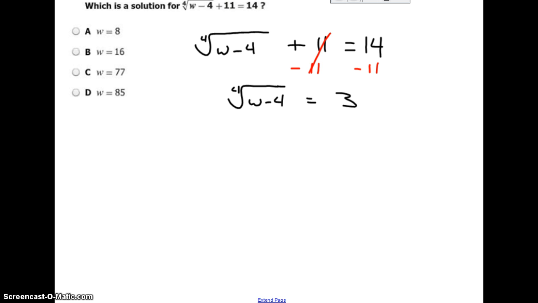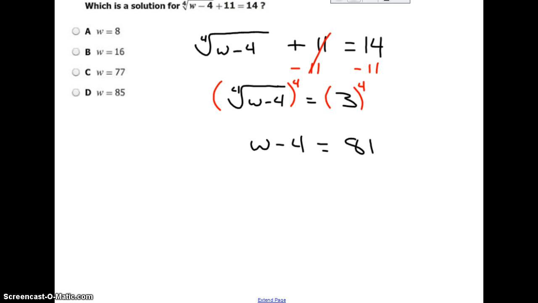Okay, so we have to now raise both sides to the fourth power. That index is a 4, so we're going to raise both sides to the fourth power. And you're going to be left with w minus 4 equals 3 to the fourth, which is 81. So we have w minus 4 equals 81.